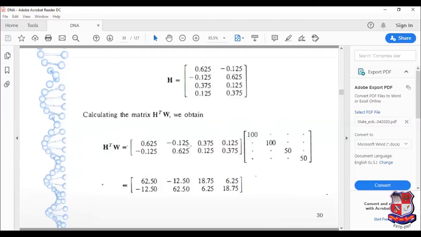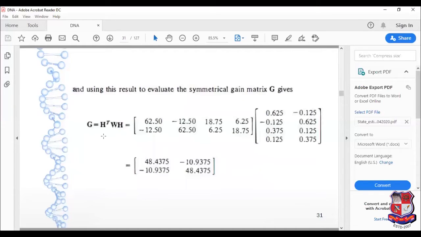This is H transpose, and the multiplication of these two will be a 2 cross 4 by 4 cross 4 product. Now our motive is to find the G matrix. So G is equal to H transpose W into H. Based on this equation, which we have already derived using least square estimation, we can find the value of G. G is a constant and its size is N cross N, where N is equal to 2 in this case.